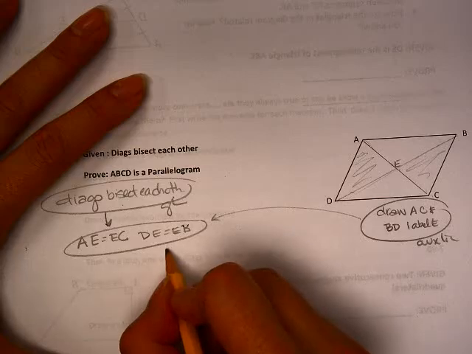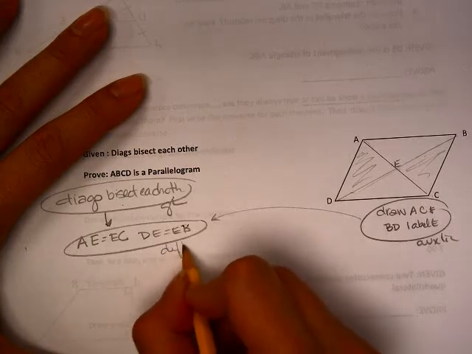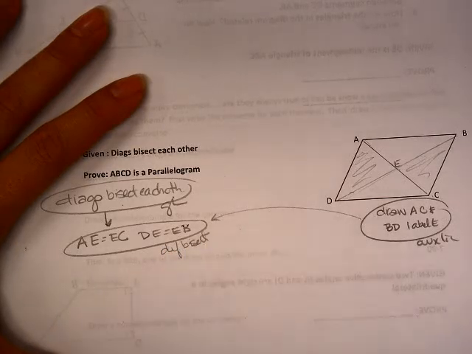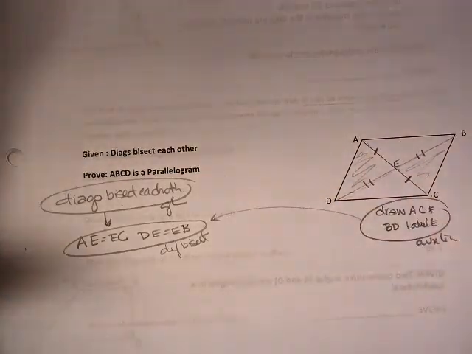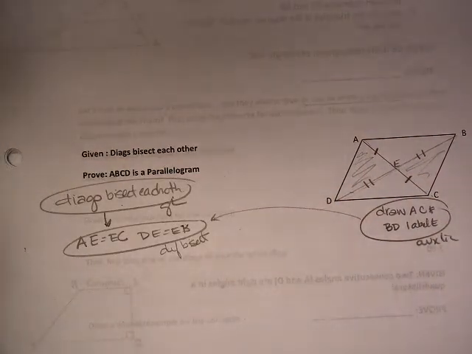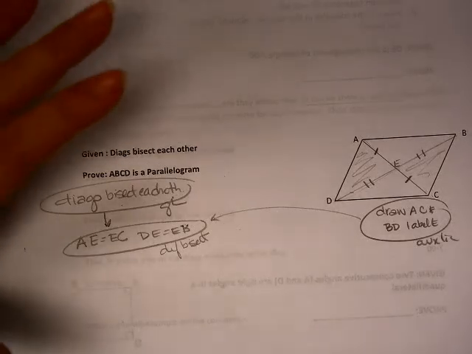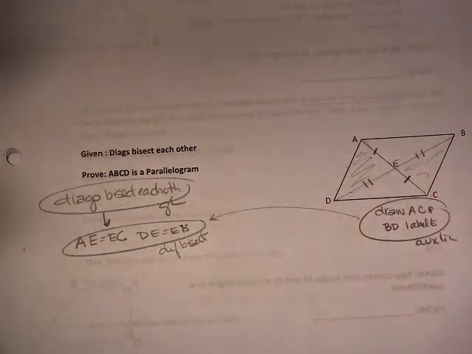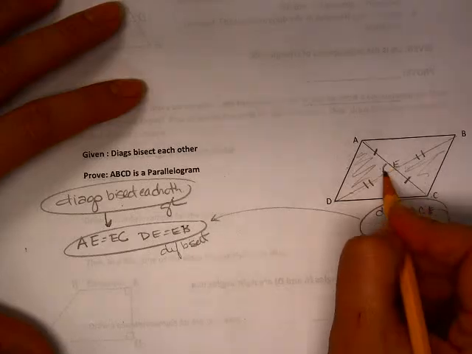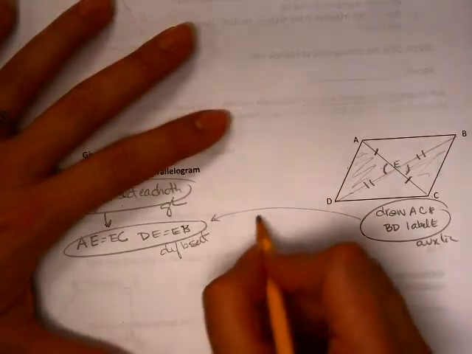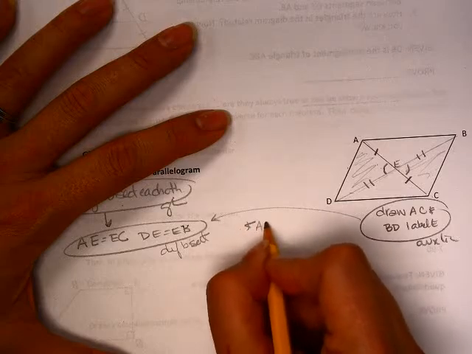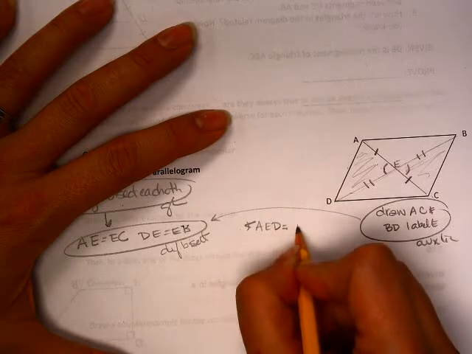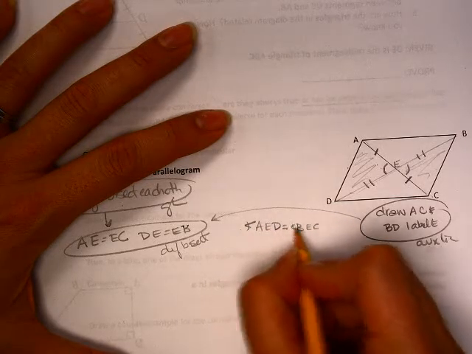And that is my definition of bisect. So I'm going to mark them. And it should be pretty clear. What else? We can't get these sides, but we can get these angles. Hopefully you recognize them. I'll write them: AED and BEC.